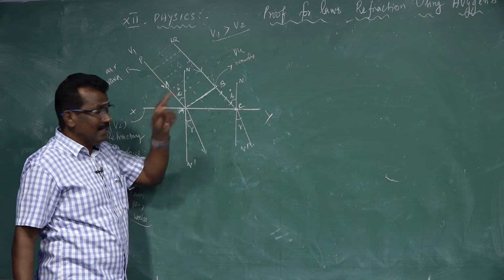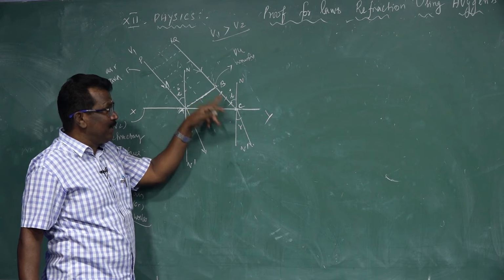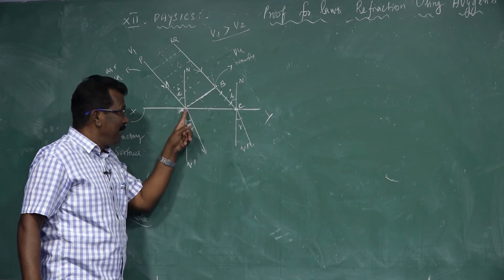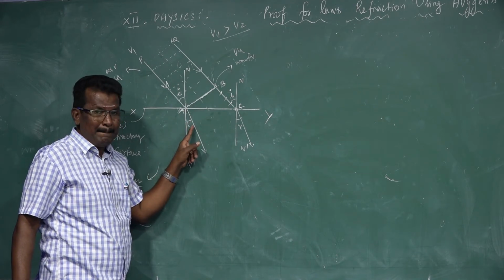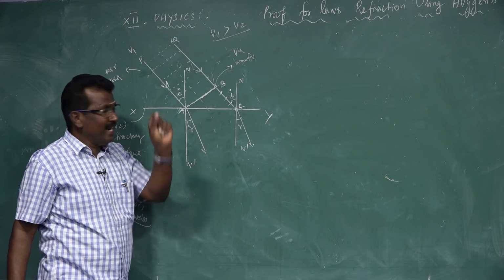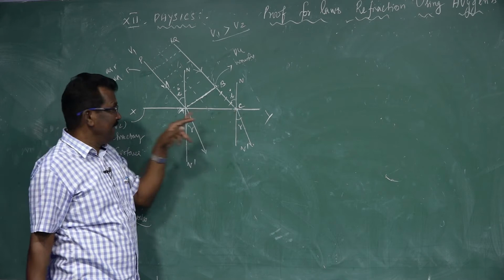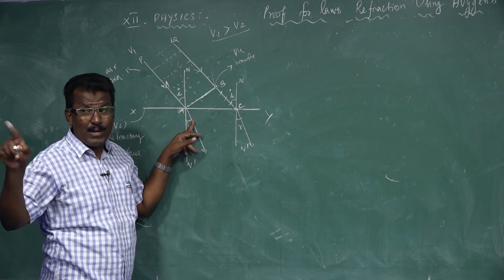One more thing. If the secondary wavelet from B travels to C in the given interval of time, say 10 seconds, then in the same 10 seconds the secondary wavelet in the denser medium travels a certain distance not equal to BC.